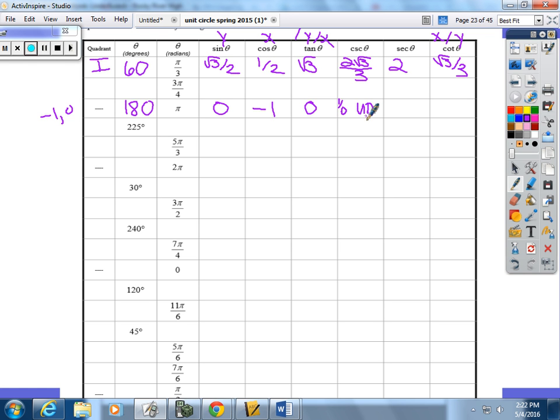And then the reciprocal of -1 would be 1 over -1. That equals -1. Cotangent, which is x divided by y, would be -1 divided by 0, and that's also undefined. So doing the key angles, you're going to end up with some undefineds. And some of the other ones, you could end up with some undefineds for these. So that's all you need to know for what we did today. All right.